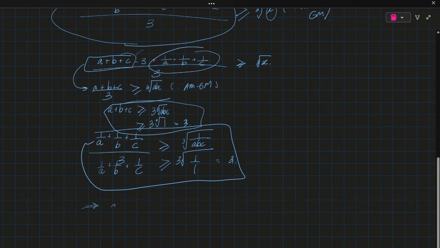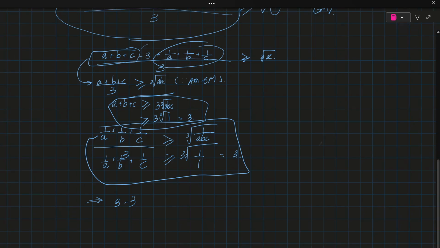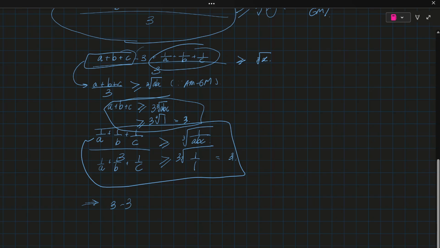We'll substitute the values. 3 minus 3. a plus b plus c is less than or equal to 3, so we'll put the 3 in here. The harmonic sum of a plus b plus c is less than or equal to 3 again, so we'll put that here too.